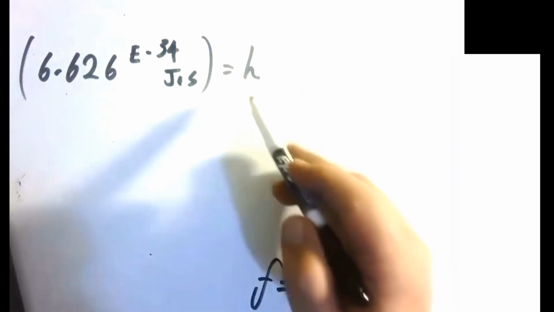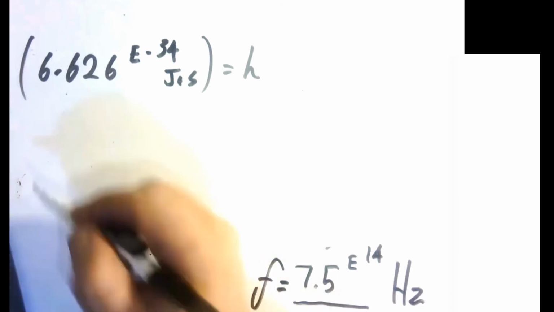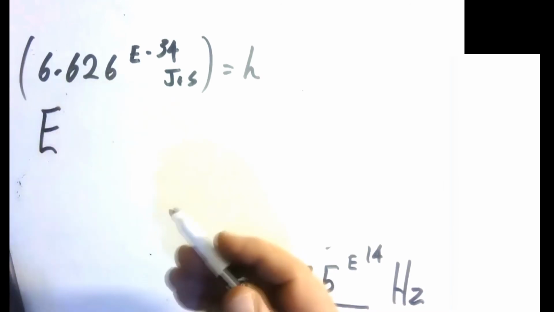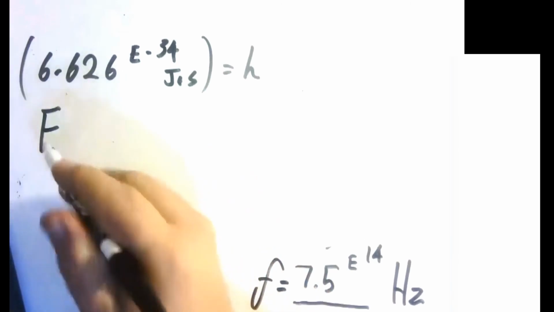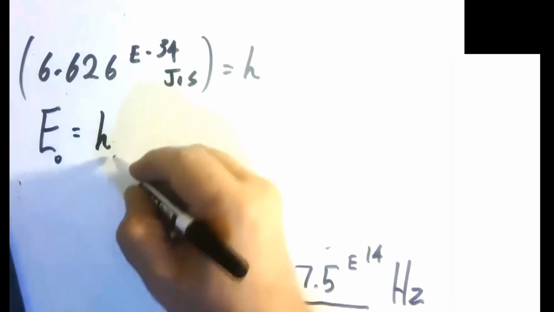Well, now that I have Planck's constant, and now that I have a frequency, I'm going to lay a new equation on you. And that equation is for the energy of a photon, of a particle of light that has a particular wave, which, if it's visible light, we experience as a color. And we have this formula: E = hf.